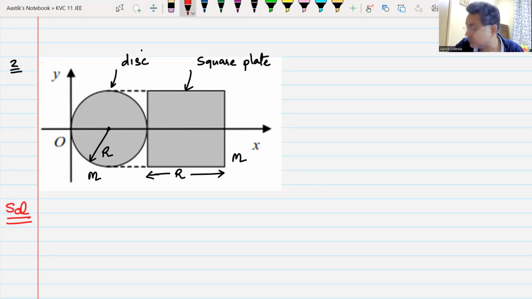Okay, both. Good. How will you find out the x coordinate of center of mass? Anyone knows the formula? Summation of mi xi by summation of mi.